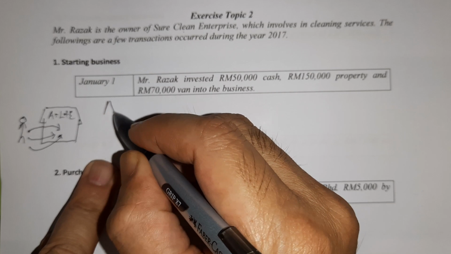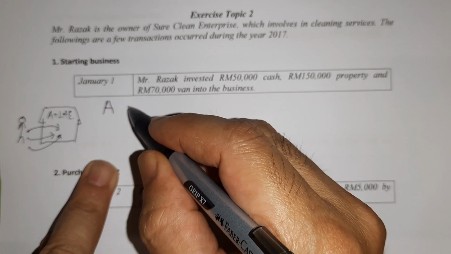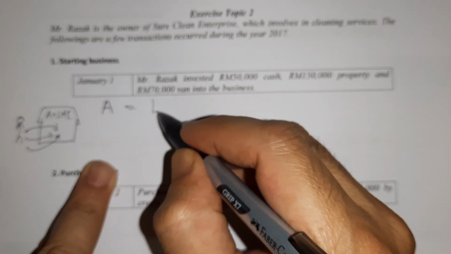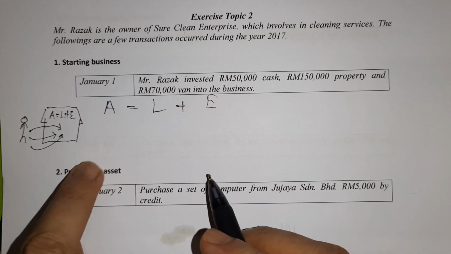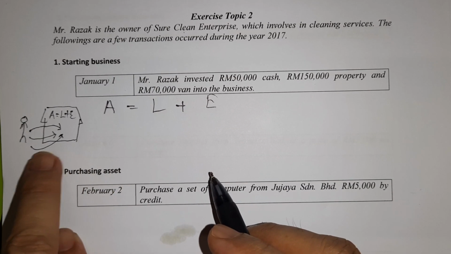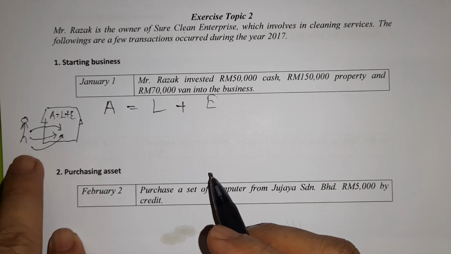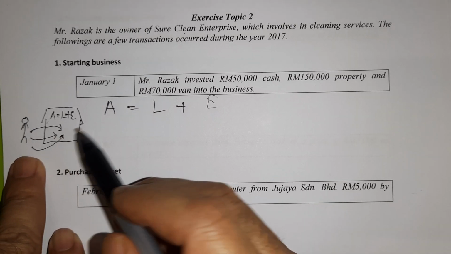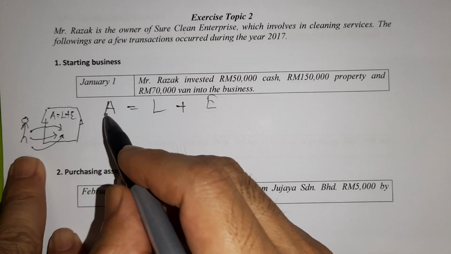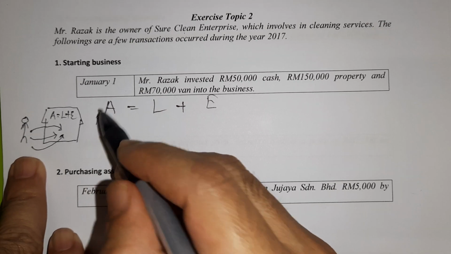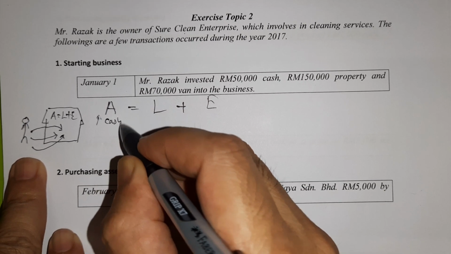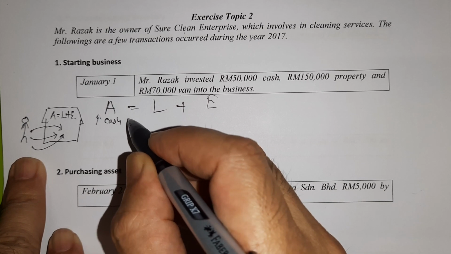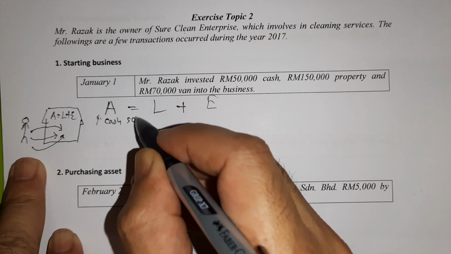So the accounting equation is asset equals liability plus equity. So the first thing that happened is when the owner of the business invested 3 things into the business, the asset of the business increased. The assets are, the first asset is the cash, 50,000.